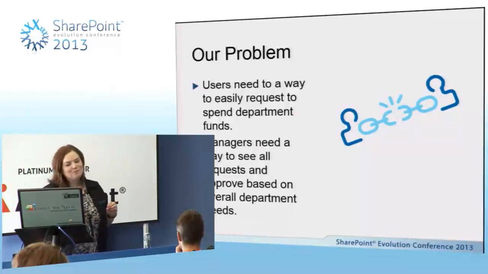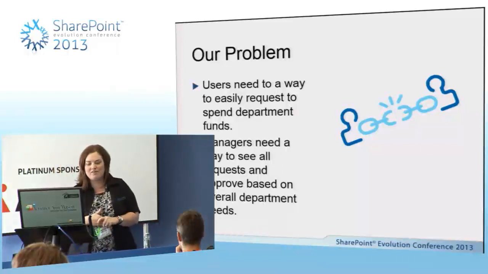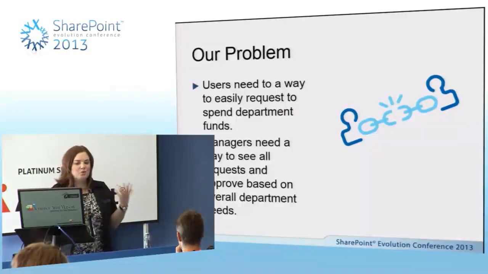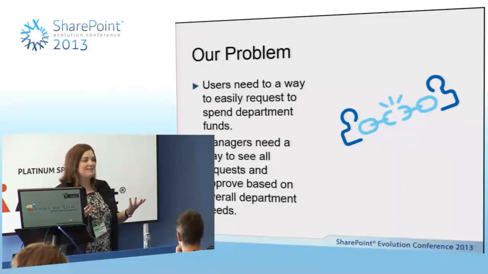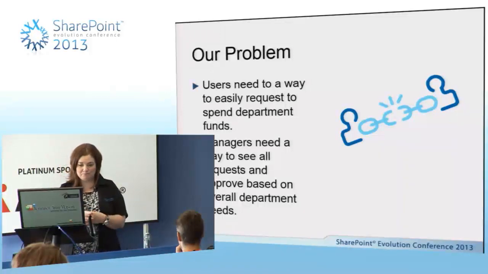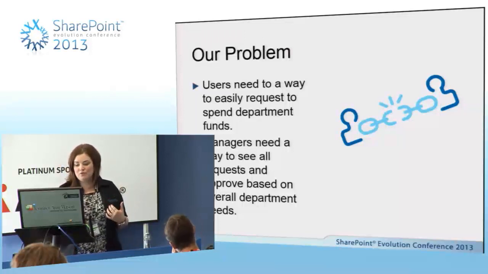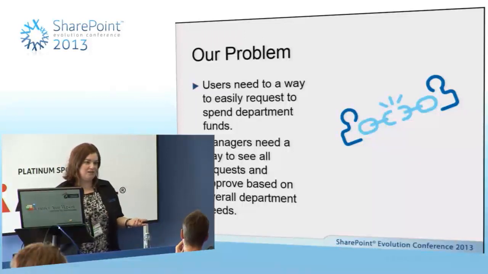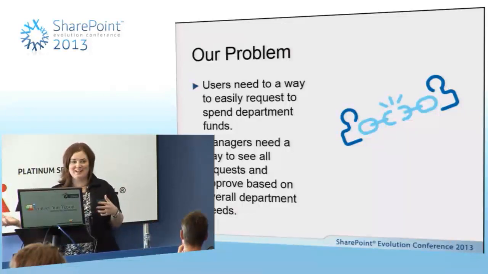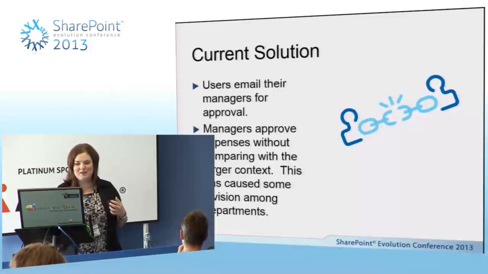Our scenario is that users need a way to request money that they can spend within their department, and managers need a way to see all of the requests and approve them based on overall department needs. So you've got a group of users, they want to spend money. You've got a group of managers, they need to approve the money gets spent.